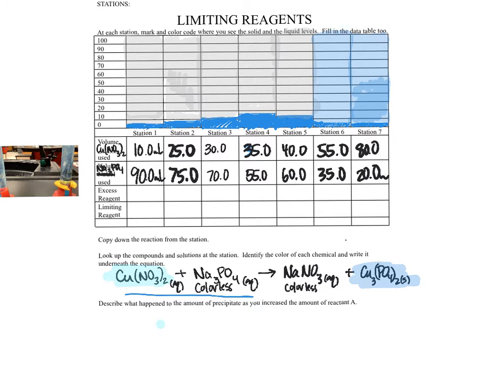So I have this clear and colorless NaNO3 in all of these. The solid is going to be the Cu3PO4 solid in all of them.